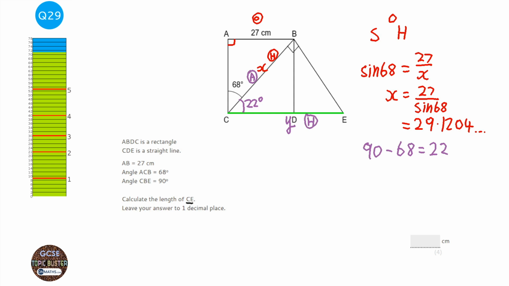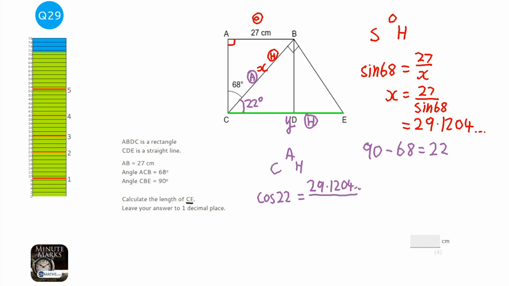So this time I'm going to be using cos, so it's CAH, so cos 22 equals x, my 29.1204 blah blah blah blah over y. So again, I'm going to times both sides by y and divide both sides by cos 22. So y equals 29.1204 blah blah blah over cos 22.